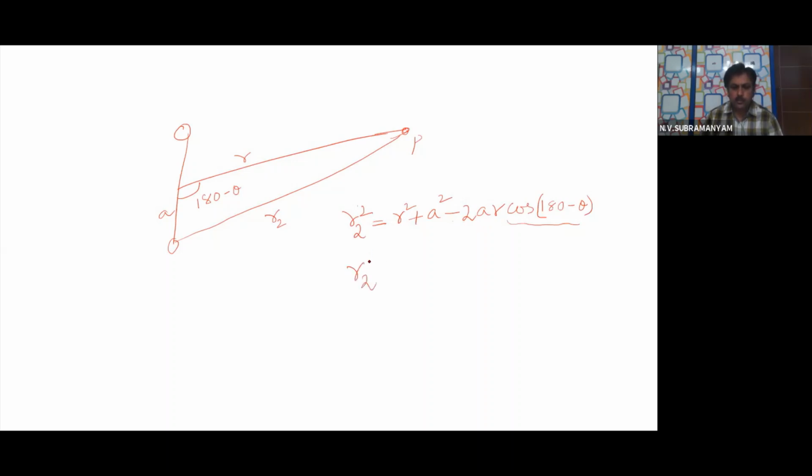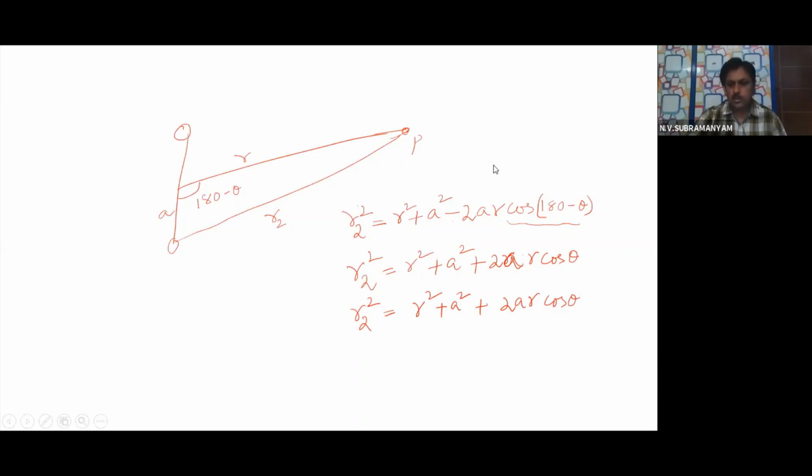Then we will get the formula R square plus A square plus 2AR cos theta. Okay, what is this? This is R2 square is equal to R square plus A square plus 2AR cos theta.